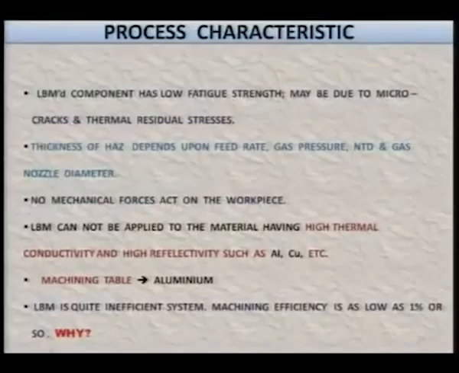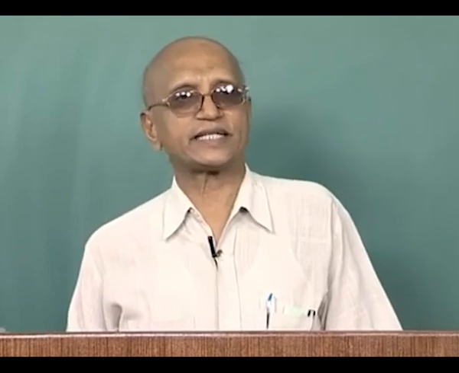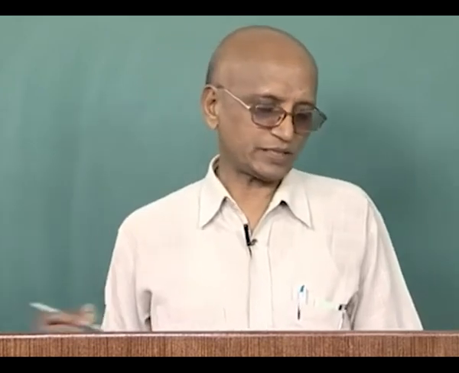Laser beam machining is quite an inefficient system, as I have mentioned, with machining efficiency less than 1%. The question arises why. One of the reasons I mentioned is that the droplets, when they come in contact with the laser beam, get evaporated again and consume a lot of the heat energy.